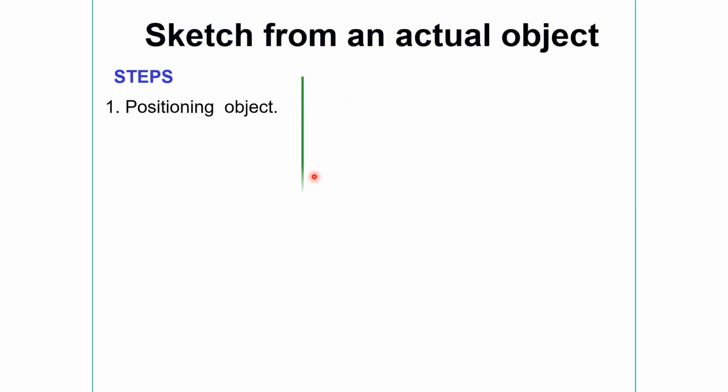The second example, positioning the object. Now this is the object. Then the second step is to select the isometric axis. If I see the top, I imagine this box before any cutting, with this cut and this cut, and this is the isometric box, so I will see the isometric axis here.